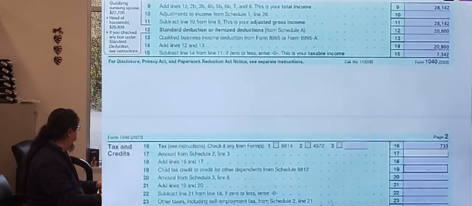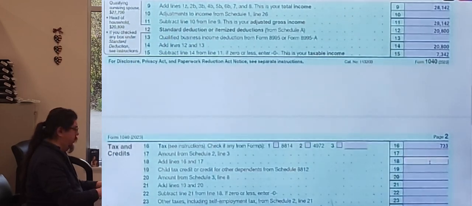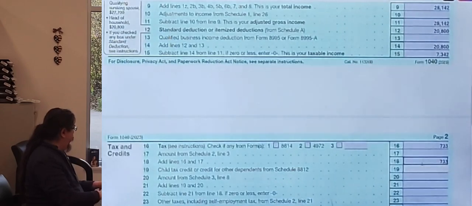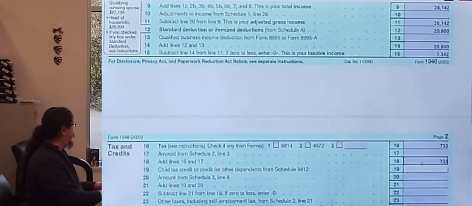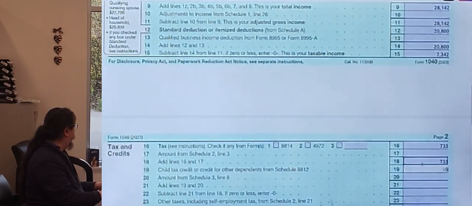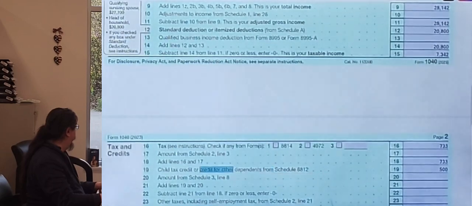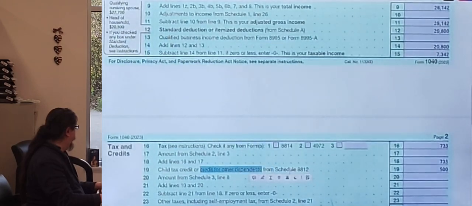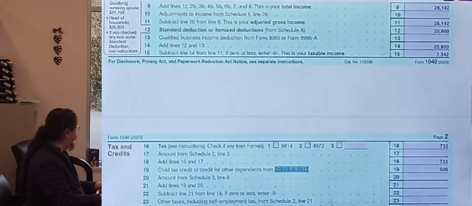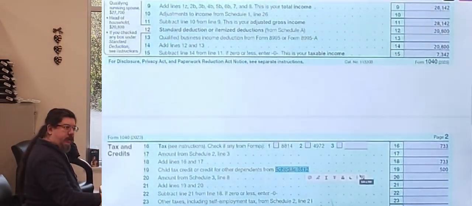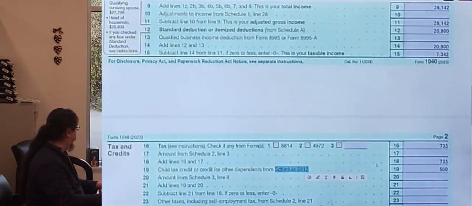He doesn't qualify for any credits, or this is actually extra taxes. Here, the benefit for having a dependent who's not a qualifying child is $500. So we'll just put a $500 other dependent credit for other dependents on line 19. Technically, we would have to fill out Schedule 8812, but we're not going to do that today until we get to the chapter on child tax credits.